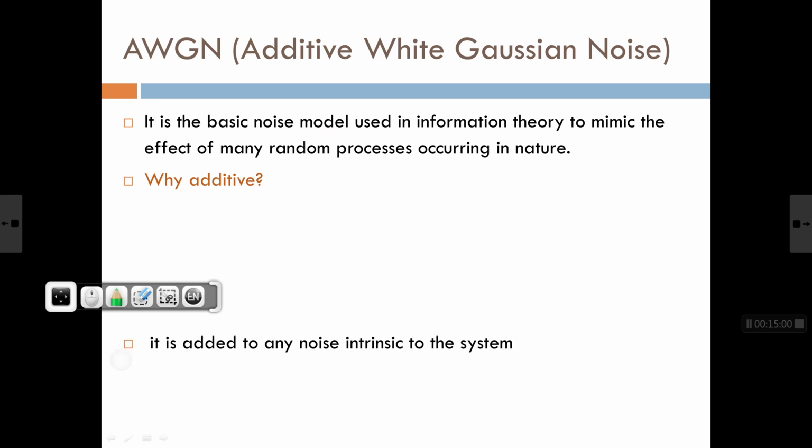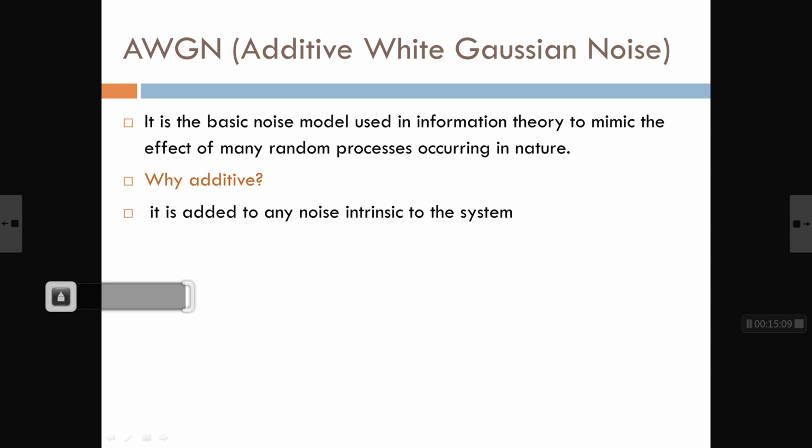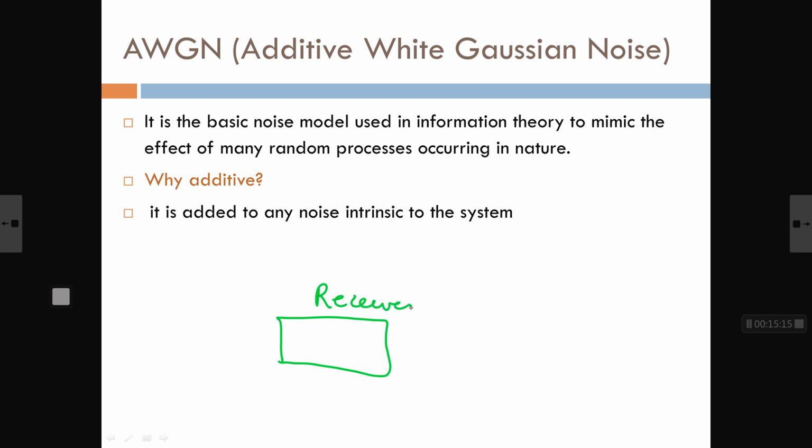Why is it additive? First, because it is added to any noise intrinsic to the system. A very important concept is that there is internal noise and external noise. This is your receiver. Within this receiver, there are already some components causing noise, and that is the intrinsic noise.